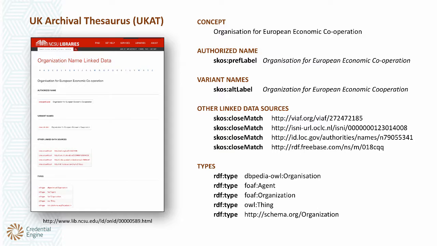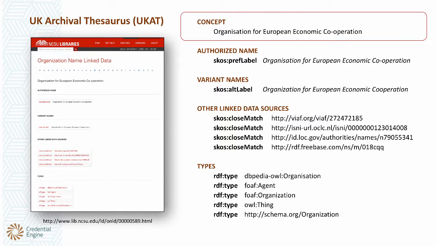Here is another node from the UK Archival Thesaurus. The concept is Organization for European Economic Cooperation. That's the one here. Then you get two labels. You have the SKOS preferred label, and notice that organization is spelled with an S. Remember, this is the UK.